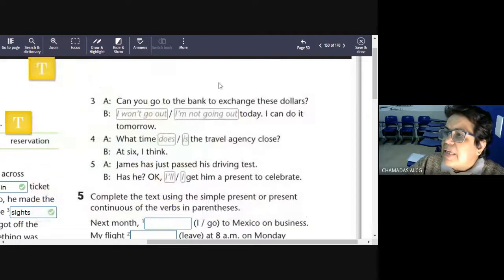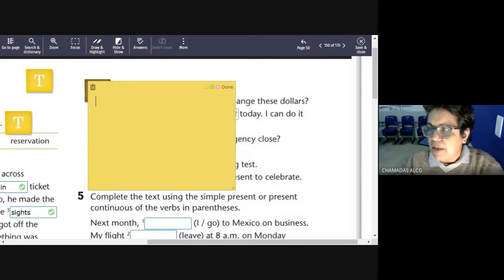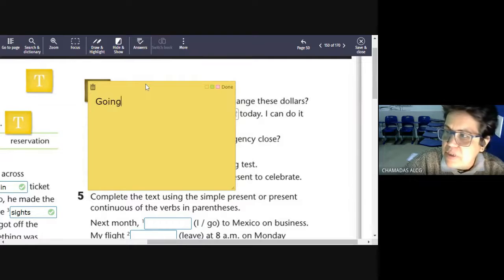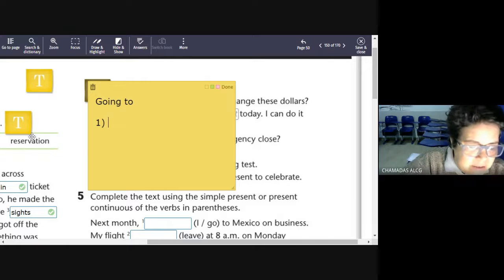Now, let's see the situations when we use going to, okay? This is very important. The first situation is when we have arrangements, when we have plans, okay?